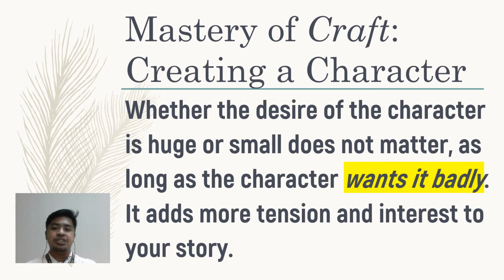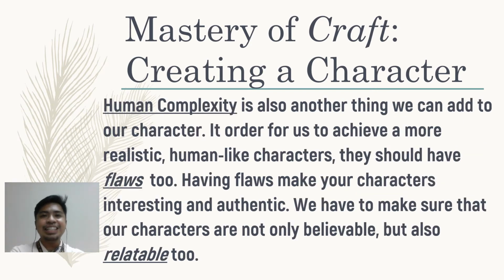The next thing that we have to come up with when we create a character is human complexity. This is something that we can add to our character because when we add human complexity, our characters become more realistic, more human-like. When we say human complexity, we try to add imperfections and flaws to our character.